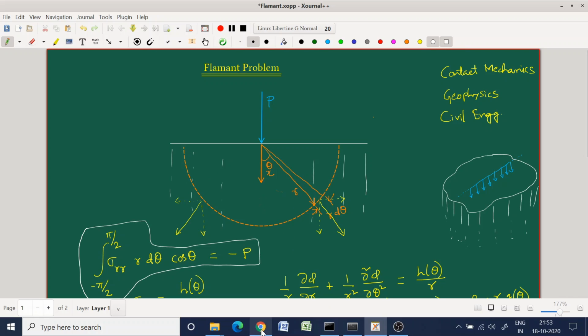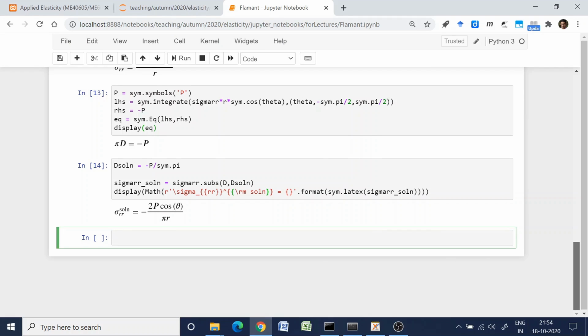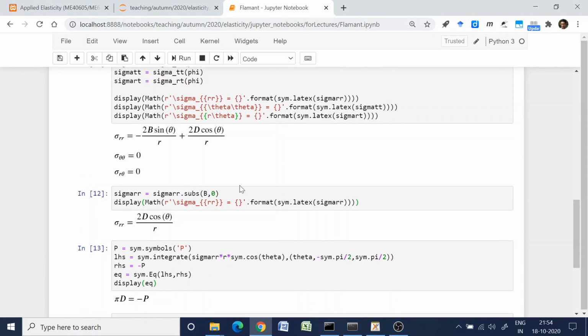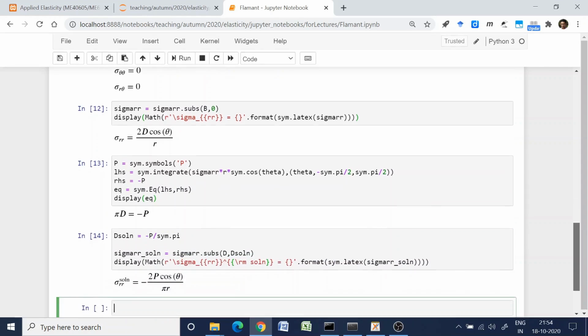And let us not forget that we have already arrived at these two solutions, that sigma theta is equal to 0 and sigma r theta is equal to 0. So together we have actually arrived at the solution.